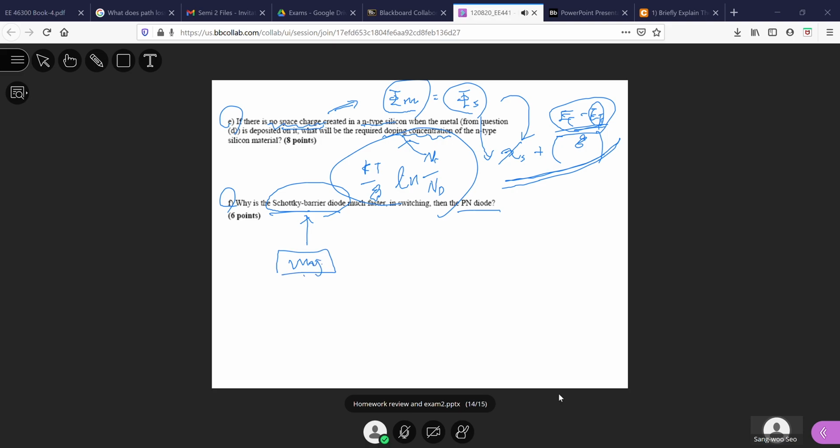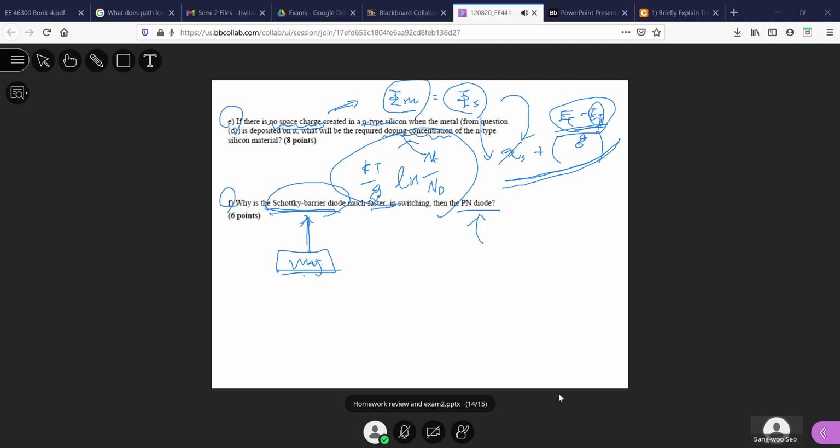Okay, the PN junction diode, you can always consider majority carrier and then minority carrier. Since the Schottky barrier diode is related only with the majority carrier, there is no storage capacitance created in the Schottky barrier diode. Okay. So that's the reason the switching characteristic for the Schottky barrier diode is much faster.